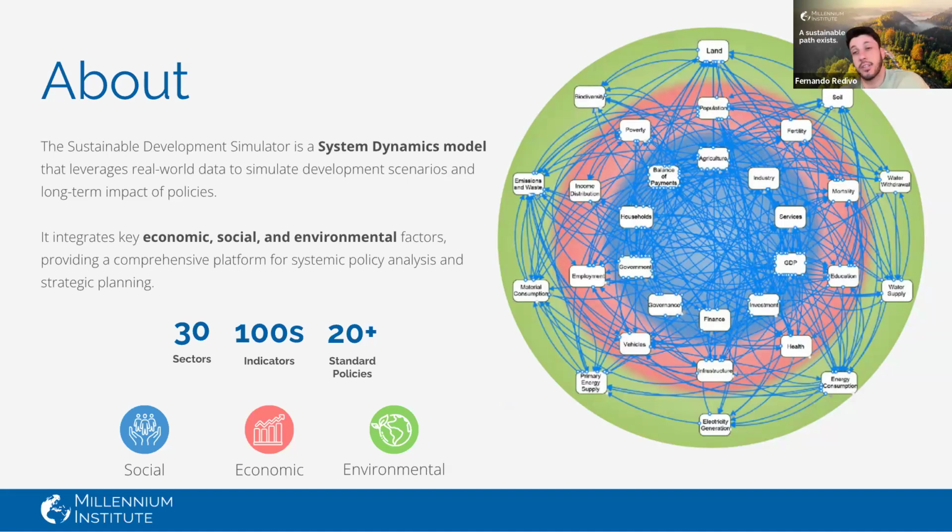The model has over 30 sectors, depending on the version you are working with, and it's always split between three domains: social, economic, and environmental. You can see a few of the sectors here as examples. In the social domain you have governance, finance, and in the economic part you have education, mortality, and then finally the environmental part, where we have material consumption, emissions, biodiversity, energy consumption.